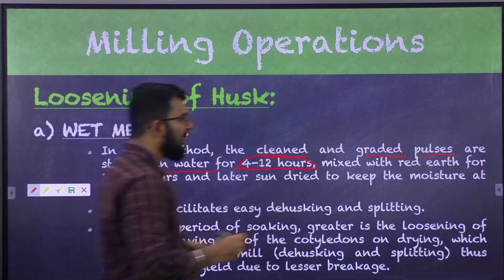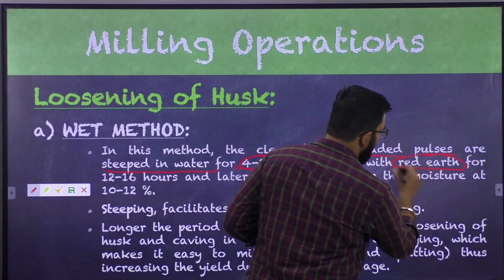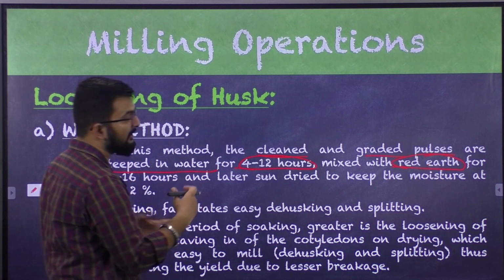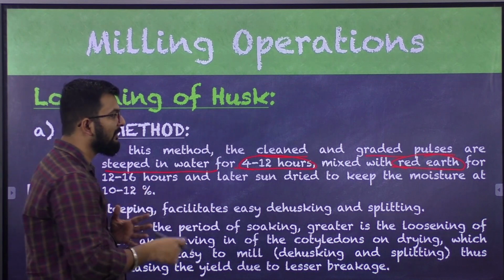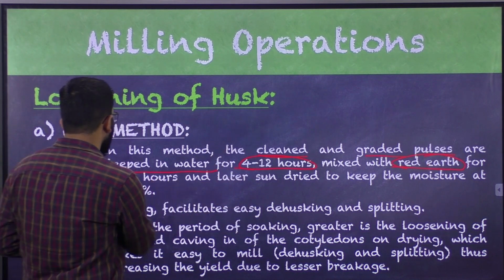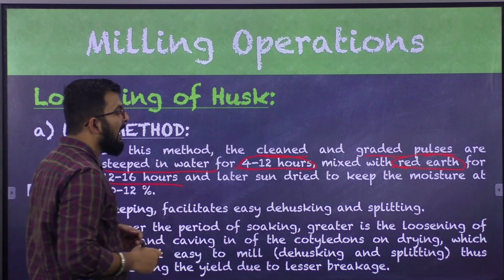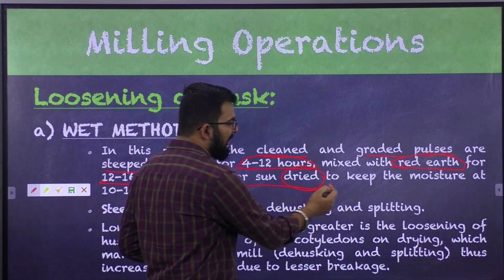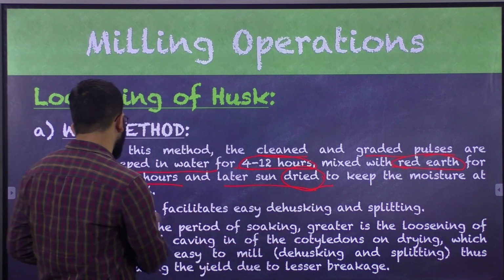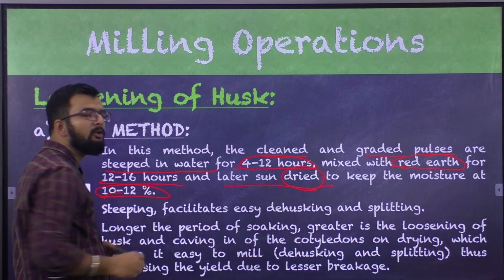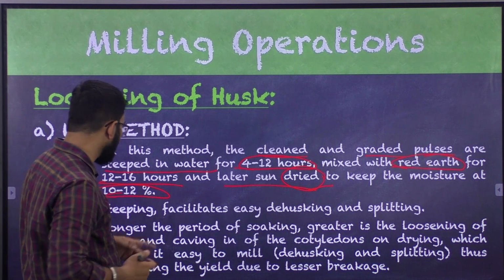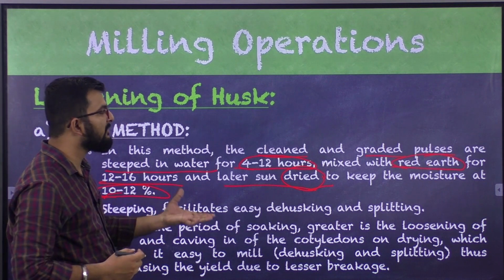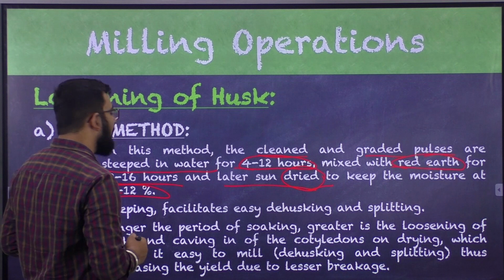These steps are important. First is steeping with water for 4 to 12 hours, then mixing with red earth for 12 to 16 hours, and later these are sun dried or dried using mechanical dryers to keep the moisture at a level of 10 to 12%. So under the wet method: steeping, followed by mixing with red earth, and then drying.